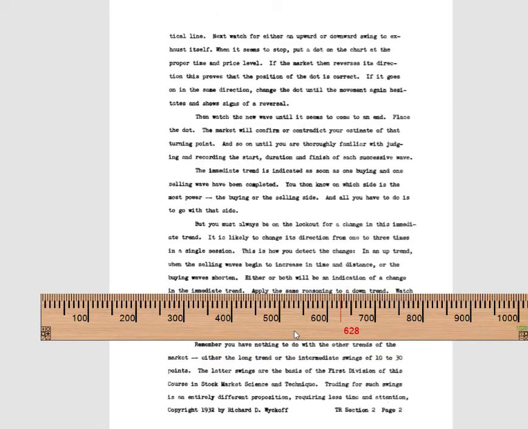But even when you have a change in trend, you always have to be on the lookout for another change in trend. This is also expected because many times you will have that. In other words, they can follow each other. So you must always expect a change in trend, and you're constantly taking a look at the time and distance of the up waves and down waves to figure it out.